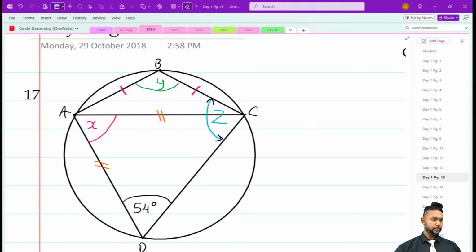This side, this angle would be equal to x. So they're going to be the same because it's an isosceles triangle. This angle and this angle are the same. But you see that they're also equal, so this is also an isosceles triangle.